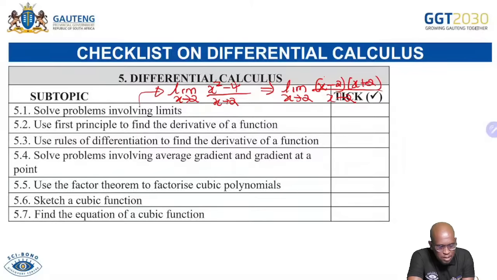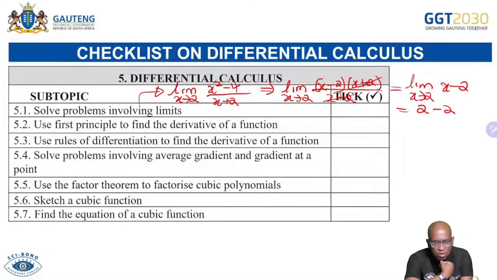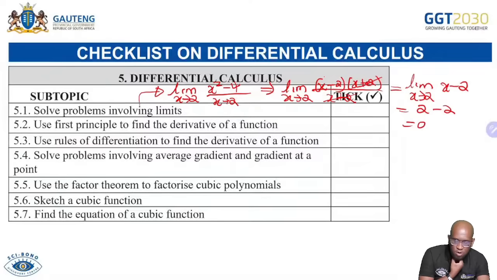The x plus 2 and the x plus 2 will divide out. So we are left with the limit as x tends to 2 of x minus 2. If x tends to 2, then you'll have 2 minus 2. This limit converges to 0. So it's important for you to know how to solve questions involving limits. If you do that, then you can give it a tick.